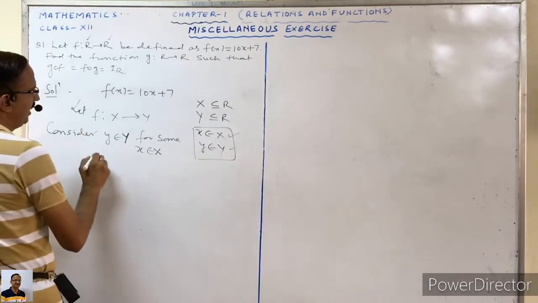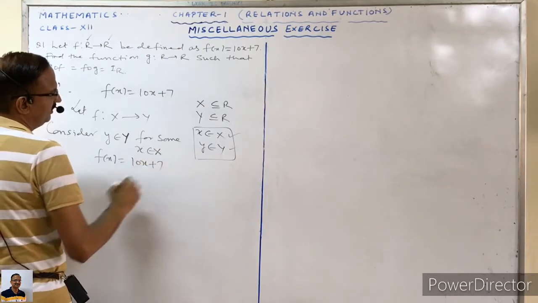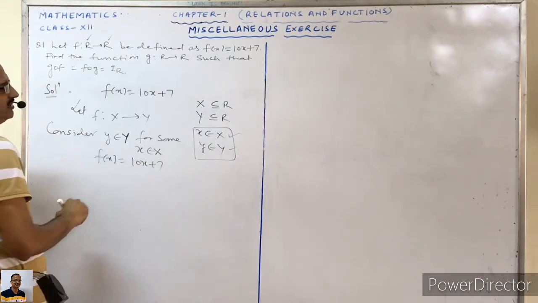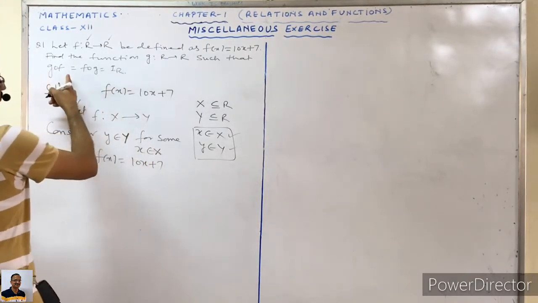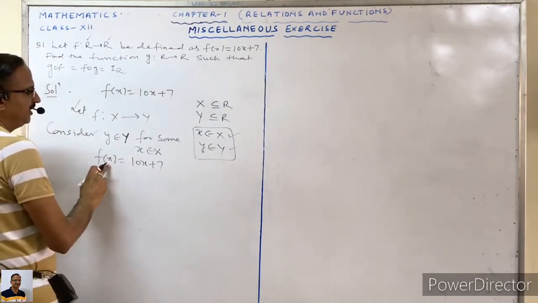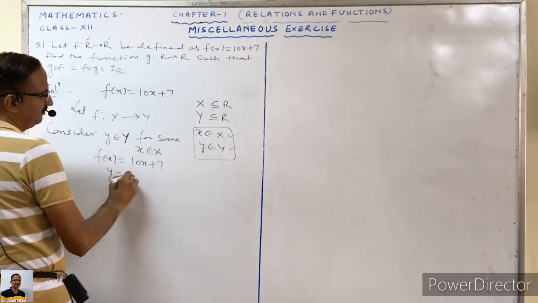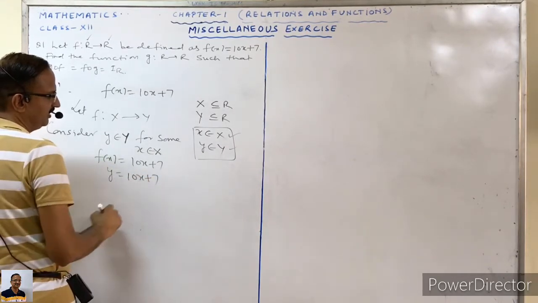Now we have fx equal to 10x plus 7. Now since we have to find FOG and GOF, in place of fx we will write y. So y equals 10x plus 7.